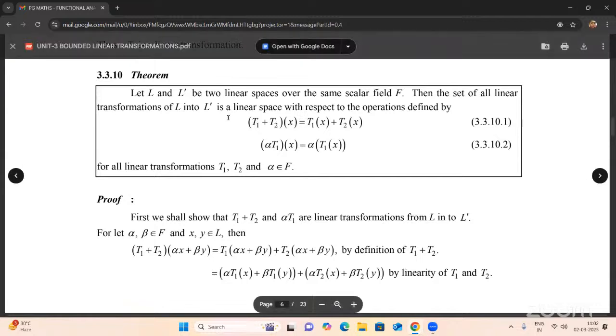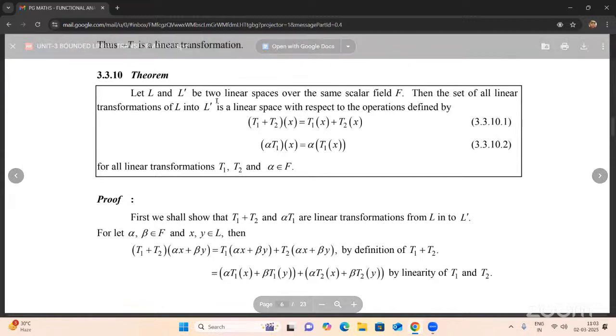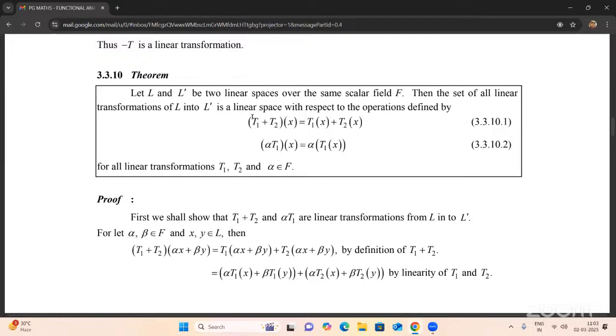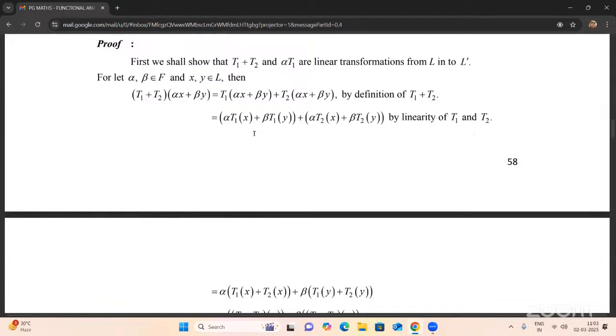There are many transformations here; we take two transformations with respect to X. The sum of any two transformations is the addition of the individual transformations. Scalar multiplication also holds good: alpha T1 of X is alpha into T1 of X. Here T1 and T2 are both linear transformations, and alpha is a field element.